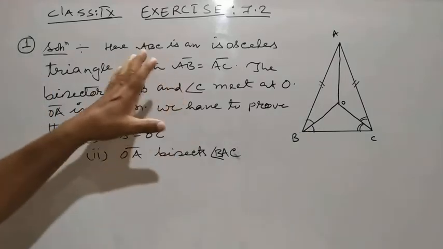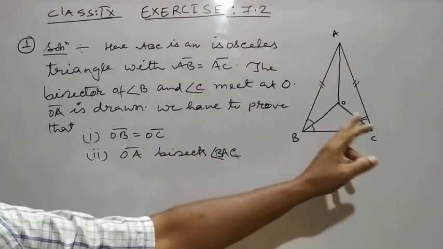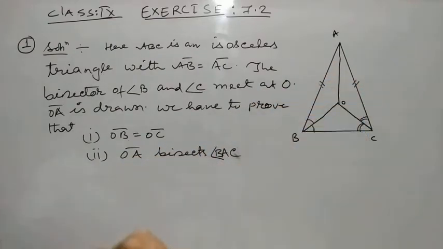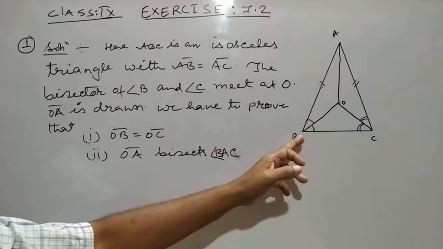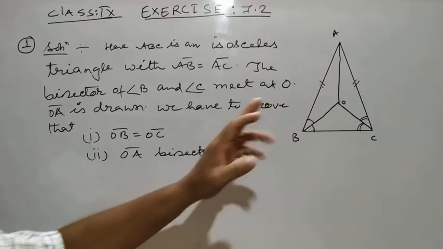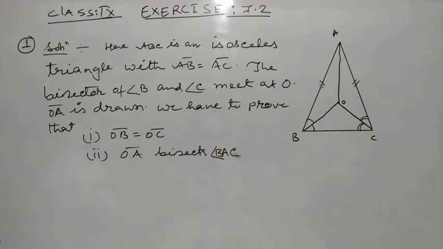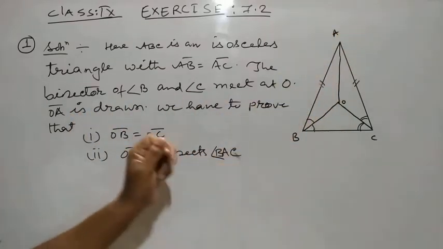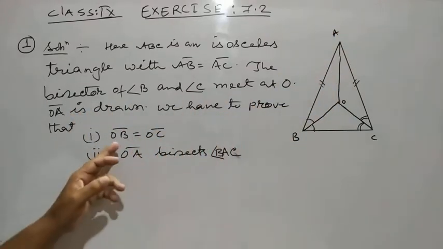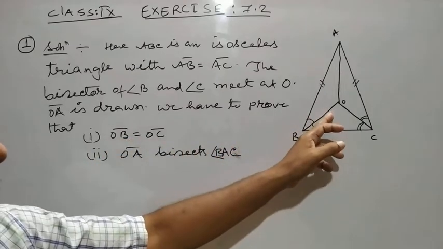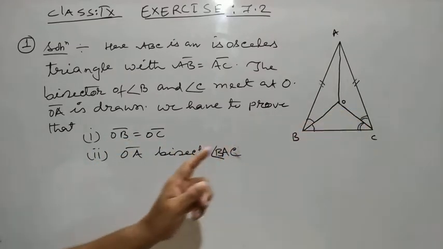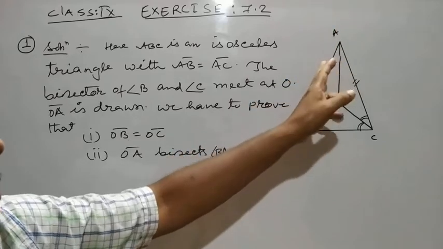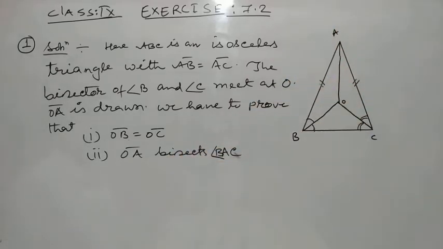So it is given here that ABC is an isosceles triangle with AB equal to AC. The bisectors of angle B and angle C meet at O. OA is drawn. We have to prove OB equal to OC and OA bisects angle A. So now see the proof.